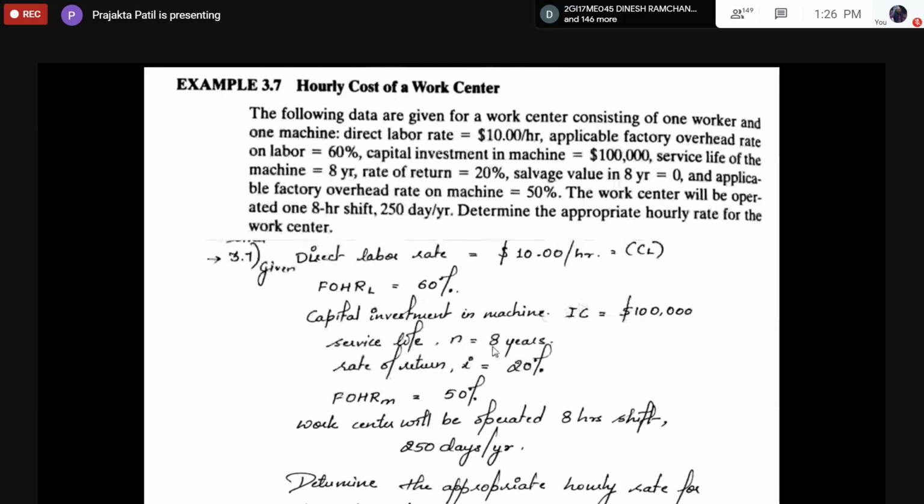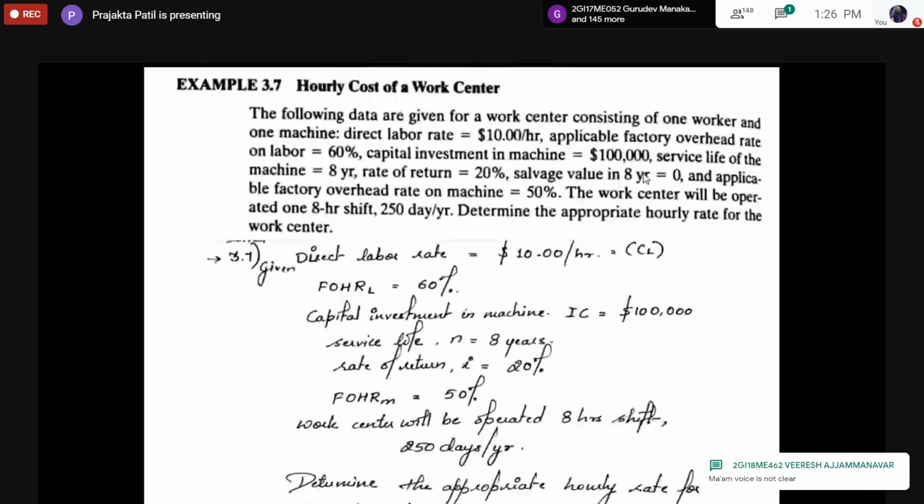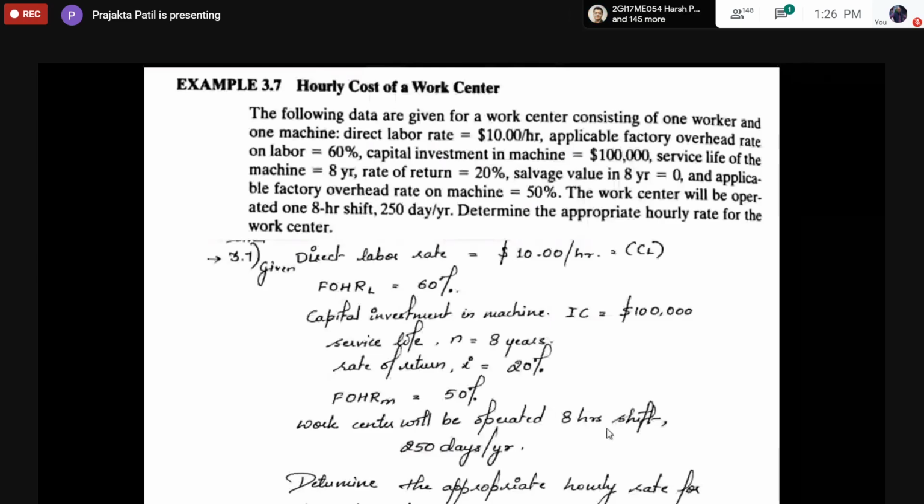You can ignore it. It is just additional data which we are not using anywhere. Factory overhead rate for the machine is given as 50%. And the work center operates one 8-hour shift, 250 days per year. You have to determine the appropriate hourly rate for the work center.